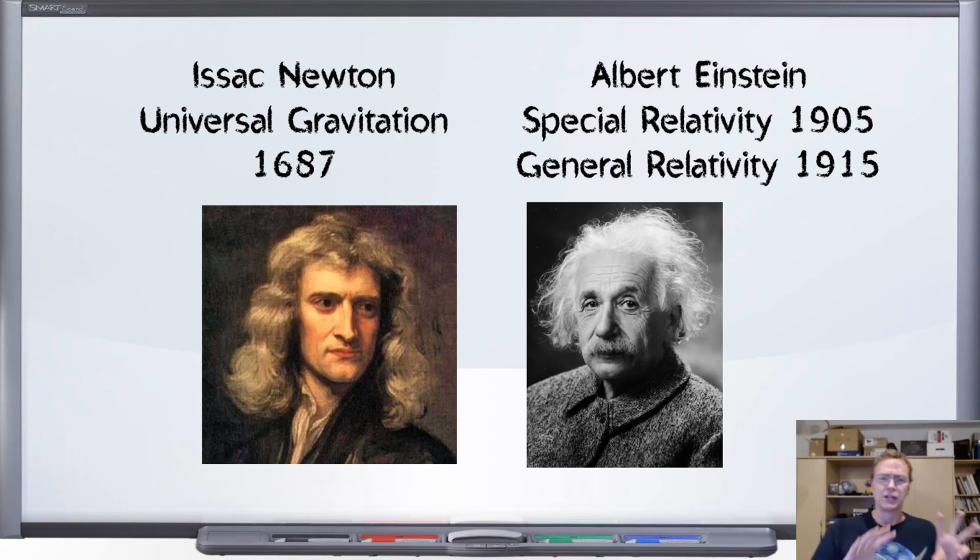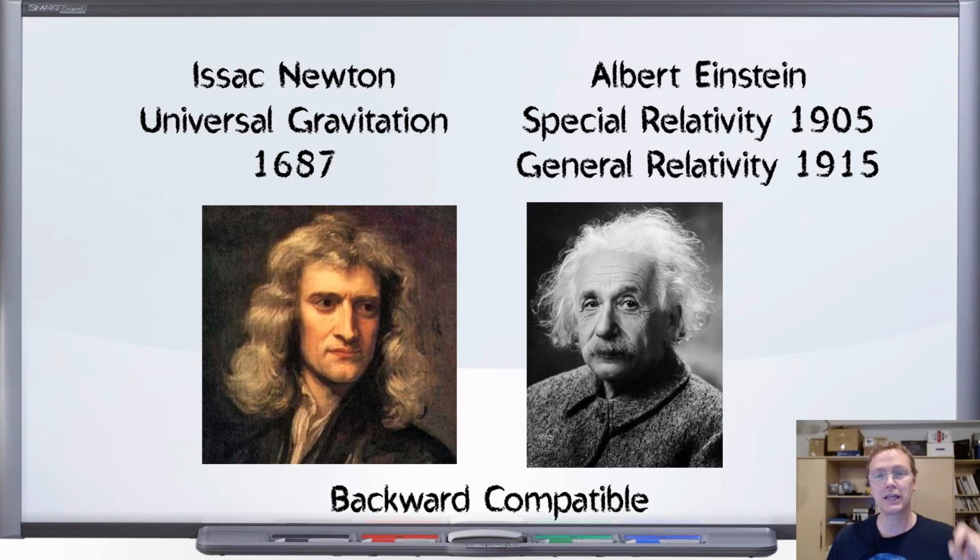Now, to continue with this analogy that it is a software patch, Einstein had to patch the software, but hundreds of years of people had been using it. He couldn't just throw out the old software. The new software had to be backward compatible. So if I can sum up this entire thing, I can end the debate right now.